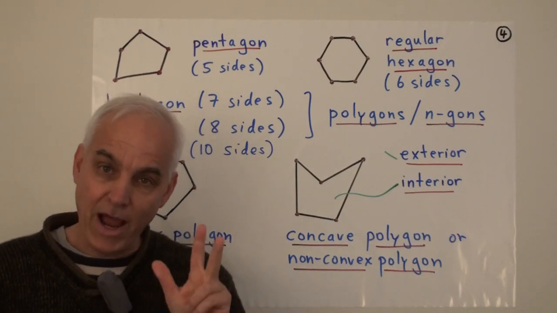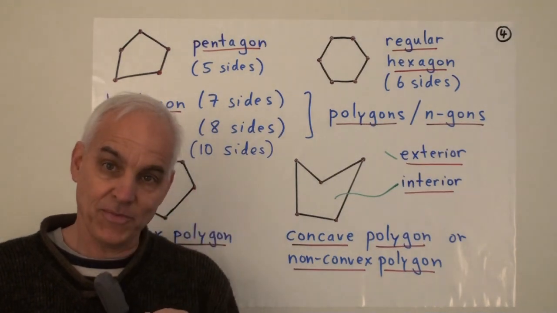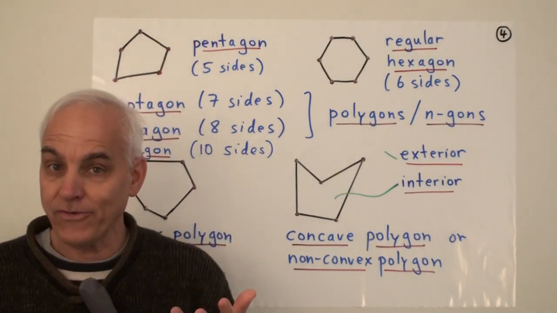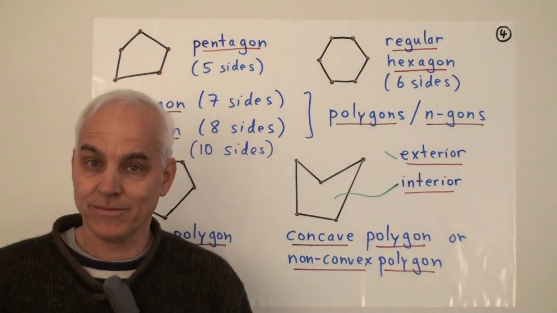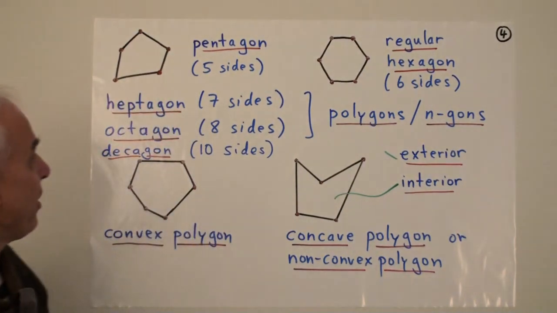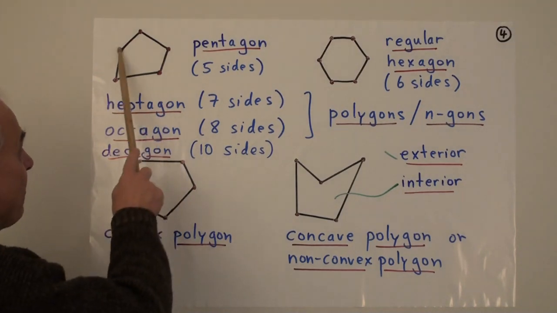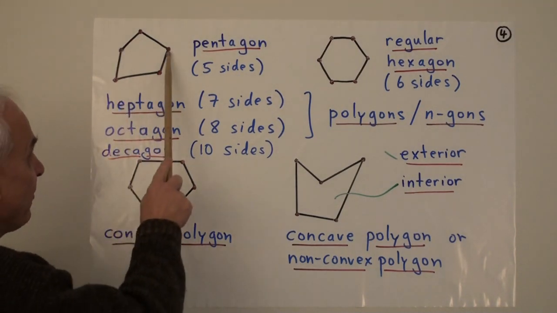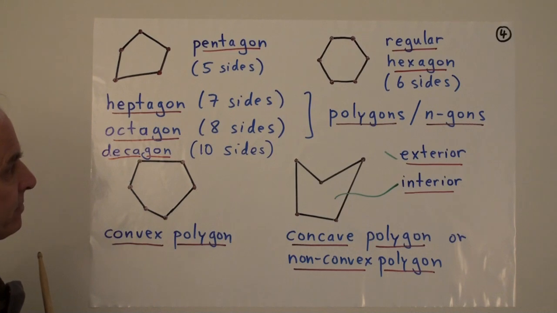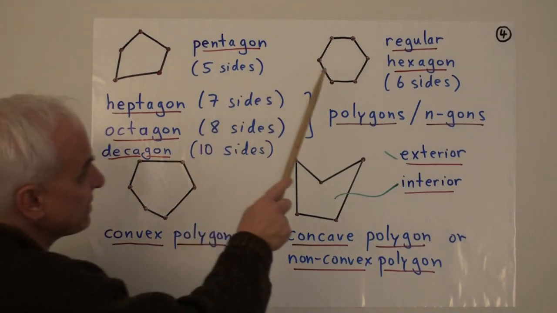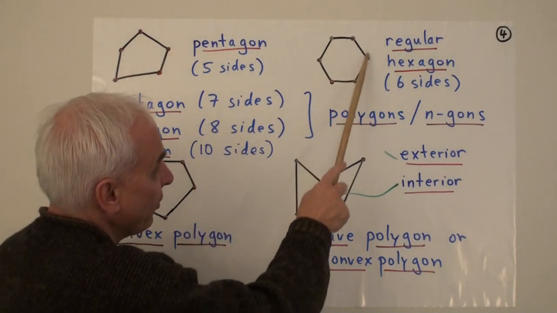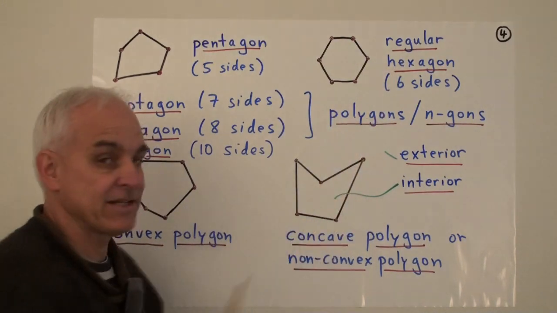So we've talked about triangles, which have 3 vertices, and quadrangles, which have 4 vertices. We can go higher, talk about, say, a pentagon, which has 5 vertices, or, if you like, 5 sides. Then something with 6 sides, or 6 vertices, is called a hexagon.